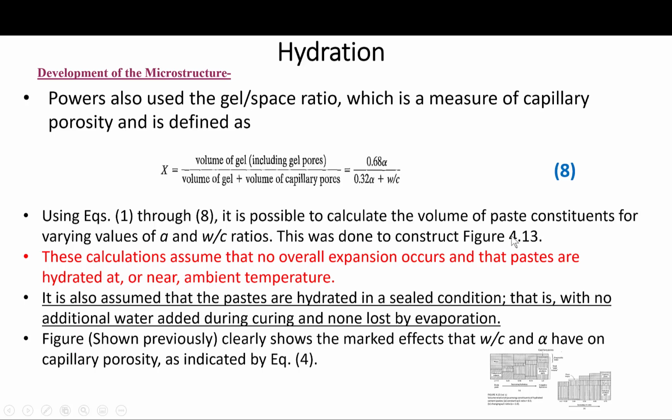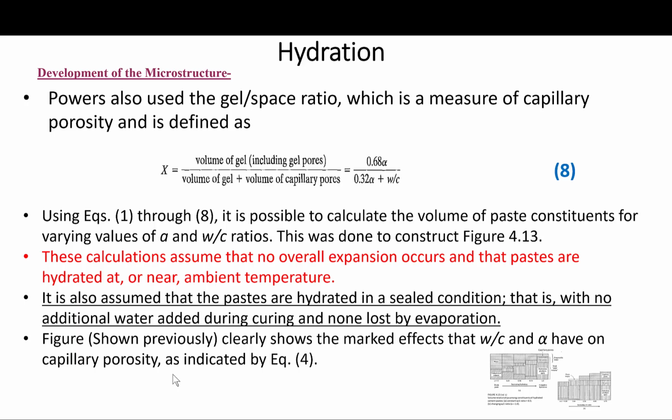This really was done to construct that figure shown earlier. Okay. You have to keep in mind that these calculations assume that no overall expansion occurs and the pastes are hydrated at or near ambient temperature. These are the assumptions used to develop these models.